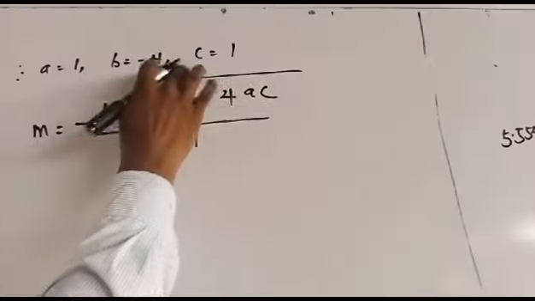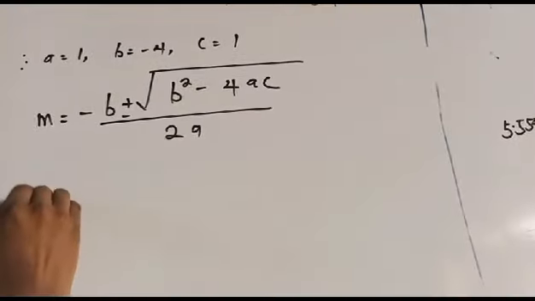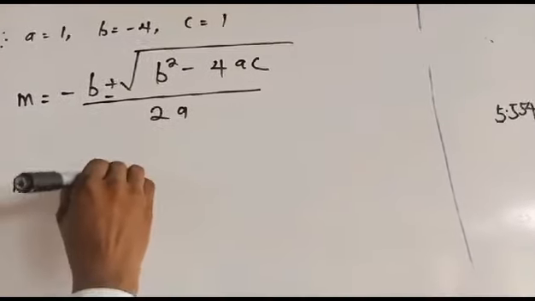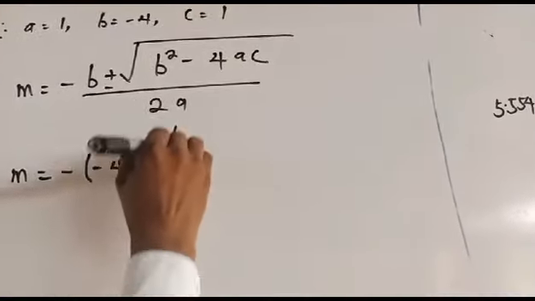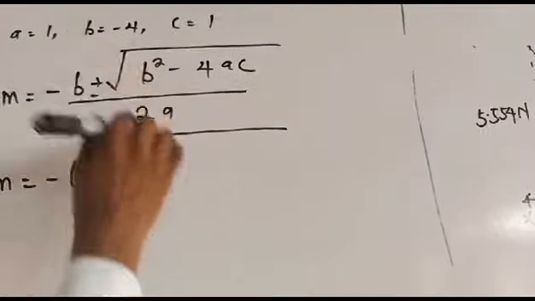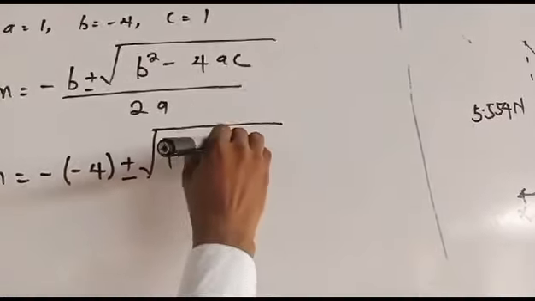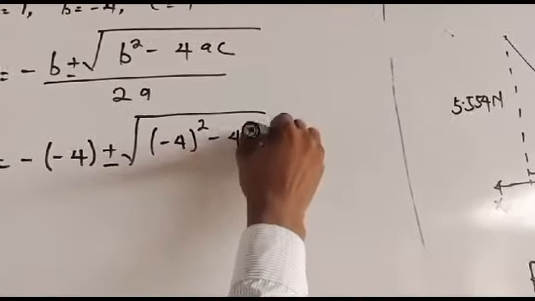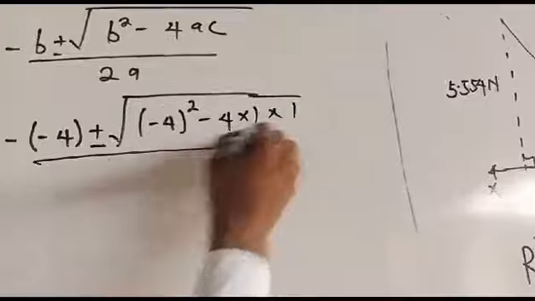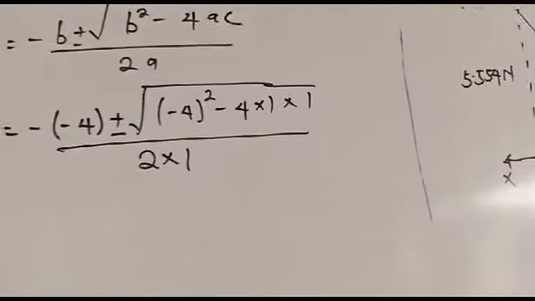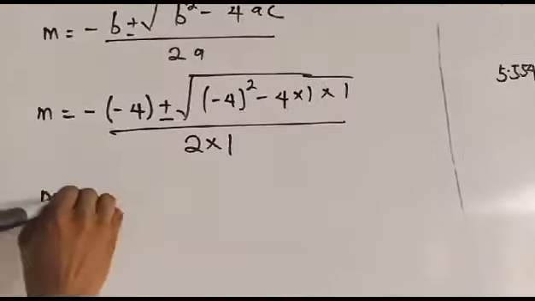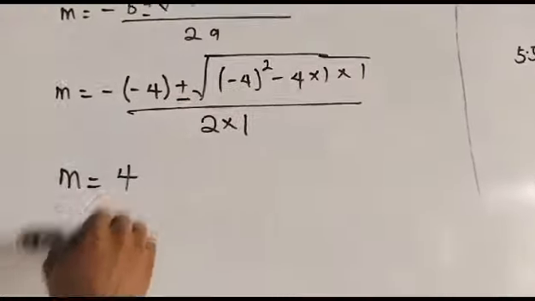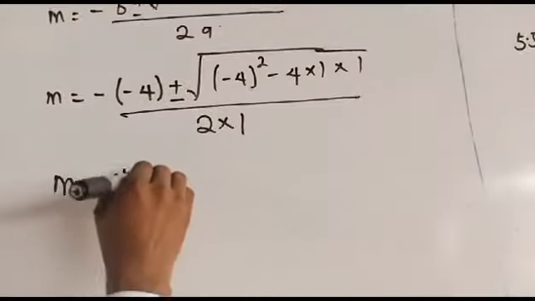So let's fit in the constants into the expression. My m becomes minus into minus 4, plus or minus the square root of minus 4 squared minus 4 times my a, which is 1, times my c, which is 1, over 2 times 1. If I simplify this, minus minus gives positive 4, plus or minus.